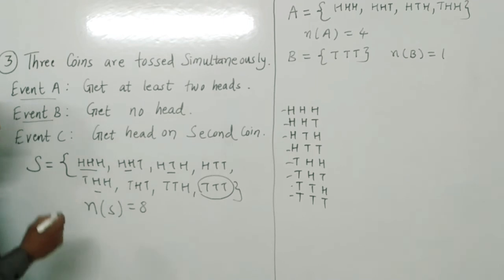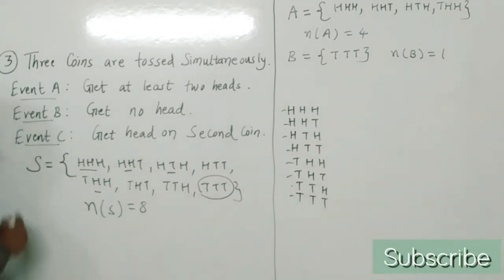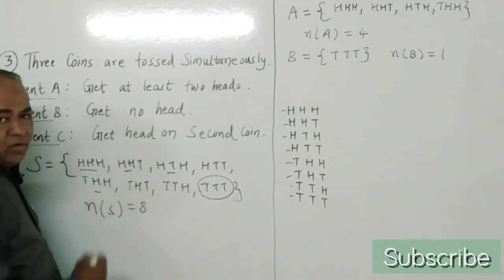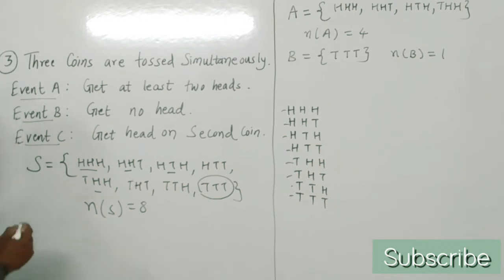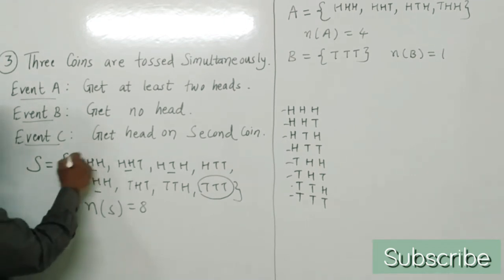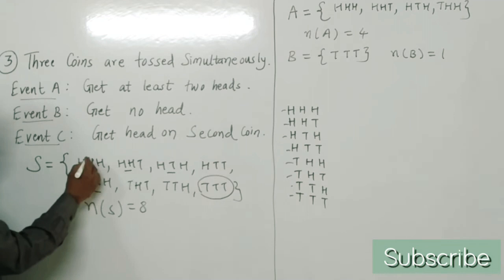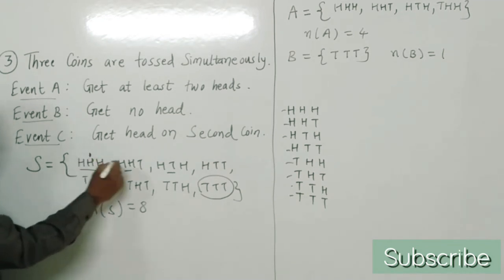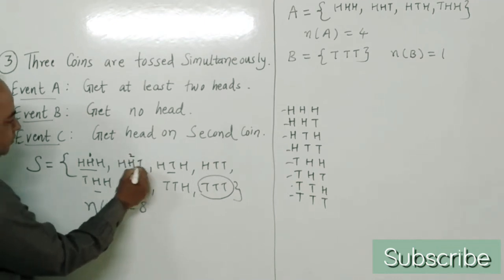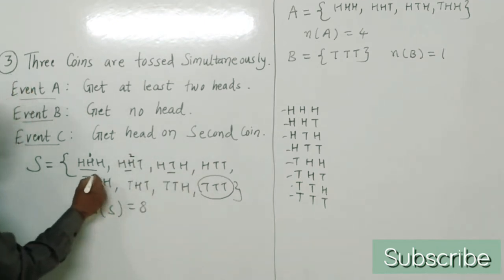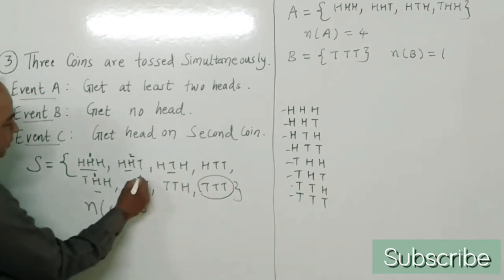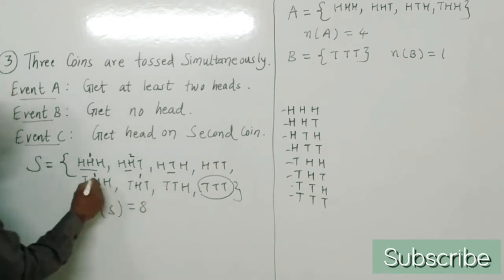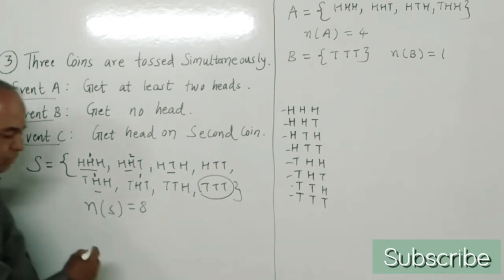Last is event C, get head on second coin. So here, the sample points in the sample space where head is on the second coin: this is 1, 2, where head is in the second coin, third, 4. So these are the sample points.